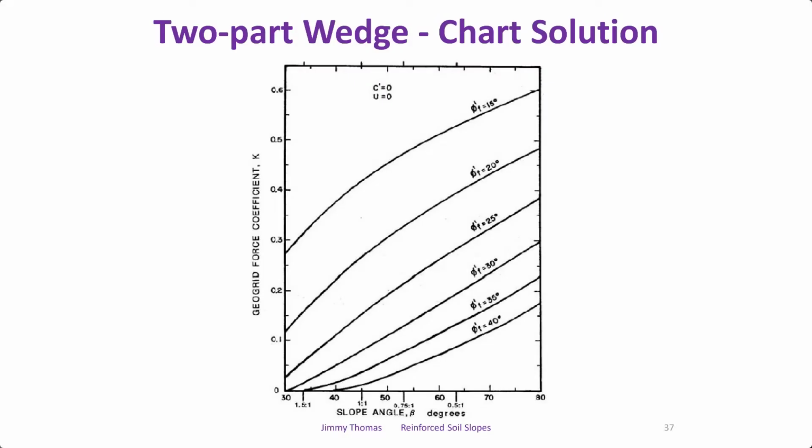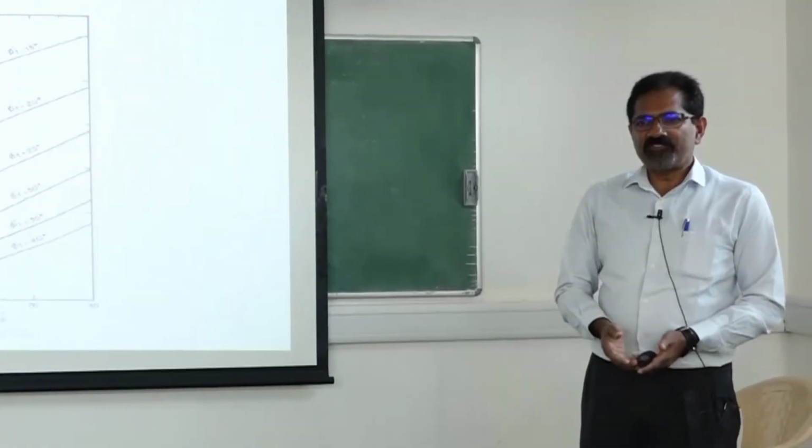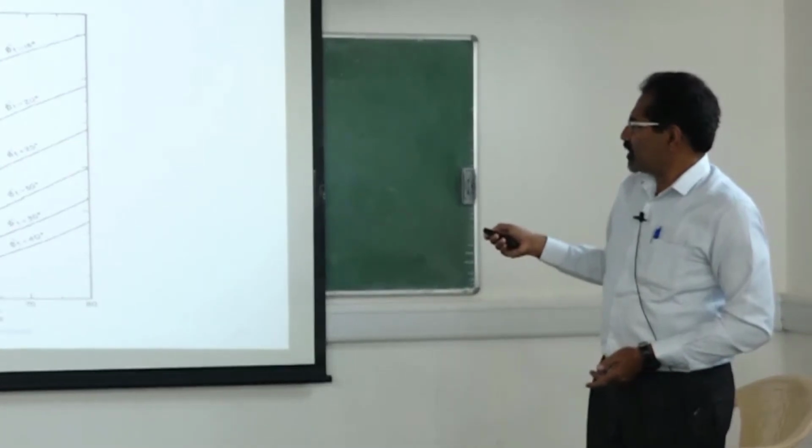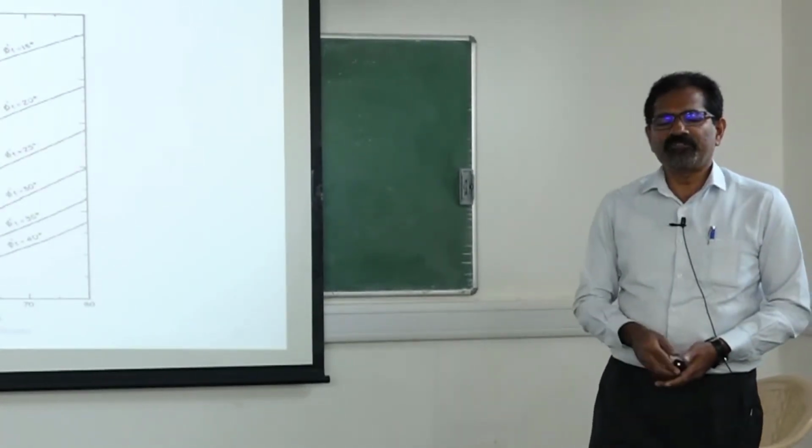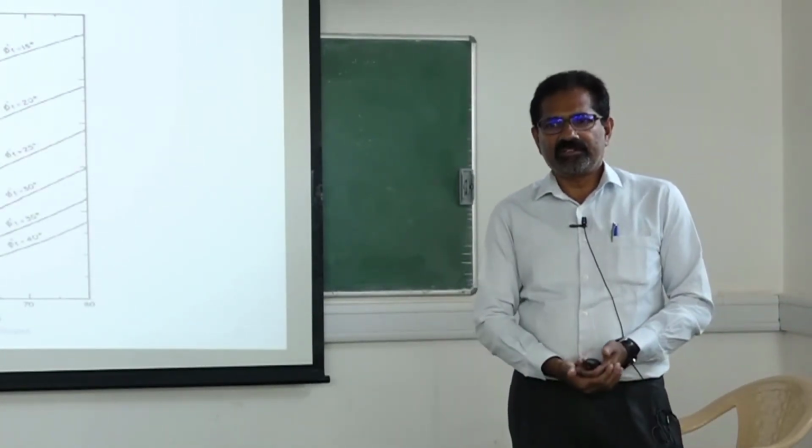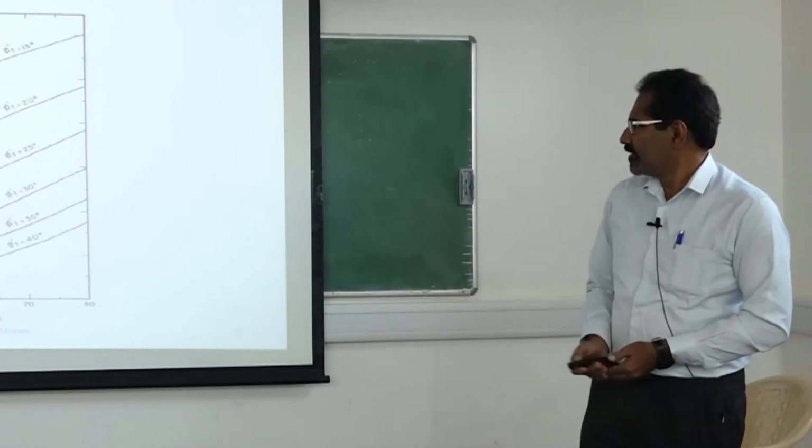Basically we have to analyze various trial surfaces, and manual calculation is difficult. In the case of a retaining wall, we can do a hand calculation; it's not difficult. But in the case of a slope, because so many trial surfaces have to be analyzed, the solution is given in the form of charts, from before computers became very popular.